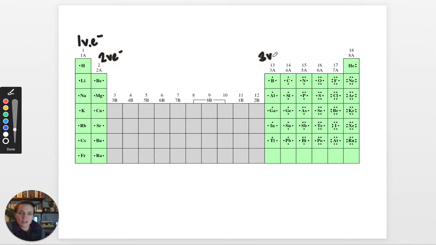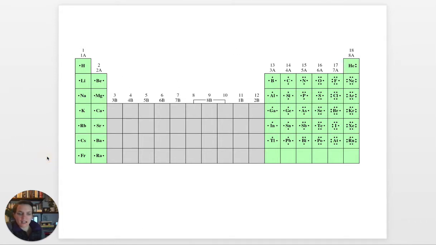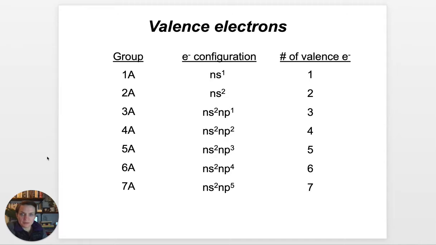This is 3 valence electrons, 4, 5, 6, 7, and 8. It's really convenient with a lot of periodic tables. They'll go ahead and just have this designation of 1A through 8A that also corresponds to our valence electrons. So it's really nice periodicity, as we've seen throughout this entire semester. Periodicity is pretty awesome. The periodic table is just a really incredible tool.